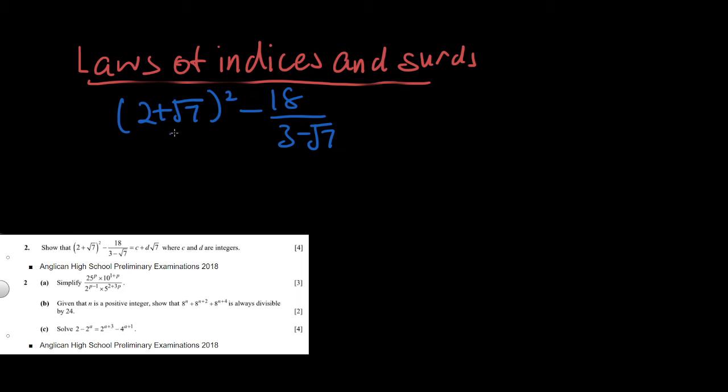First of all, I would suggest just expanding this out first, because it makes it look a lot easier. We know that (a plus b) squared equals a squared plus 2ab plus b squared.